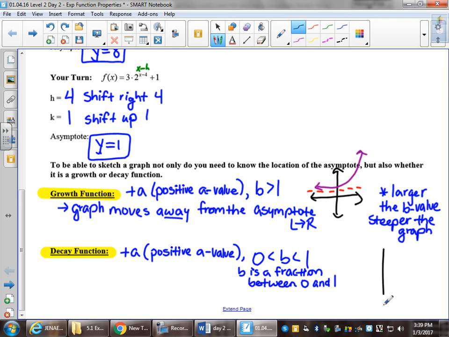Let's draw a sketch. Let me put my asymptote in there first. So growth, the graph moved away. With decay, the graph moves toward.